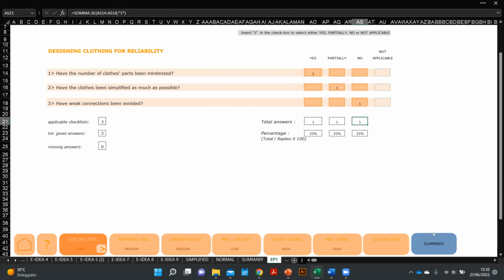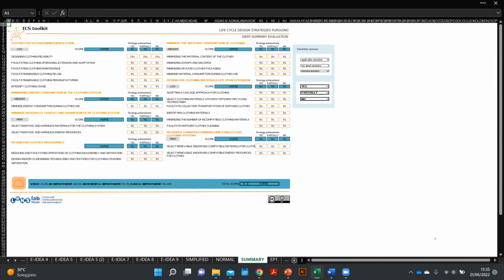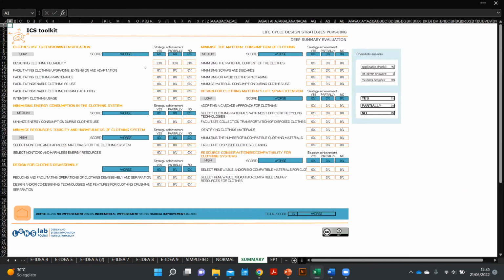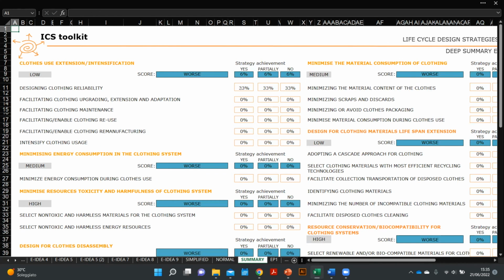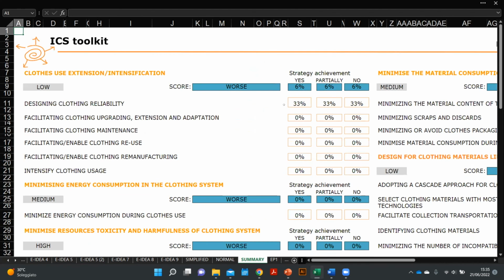Okay, but the result at the end is in the summary. So you get in the summary, and this is what you see, and you see the difference in relation to what we were seeing before. You have a percentage for each of the guidelines, not just for the strategy. A percentage for each of the guidelines that is then gathered and calculated in a result for the strategy.